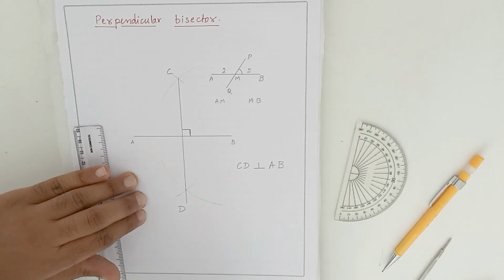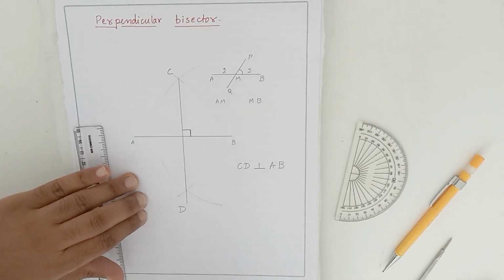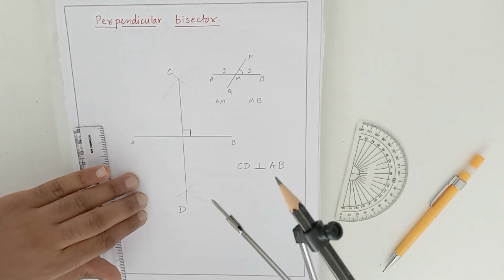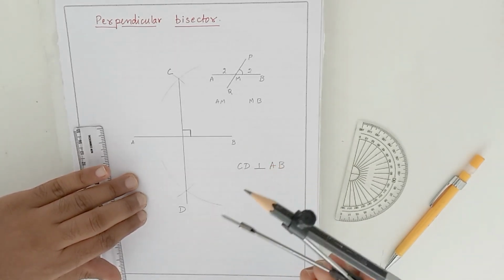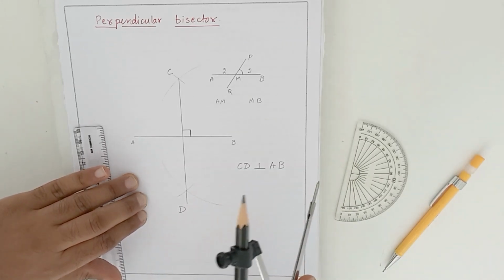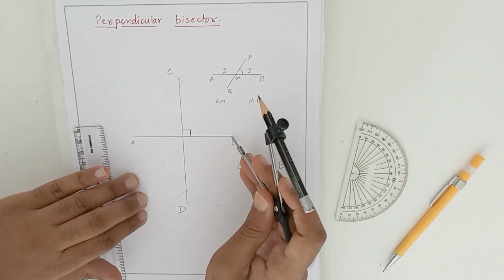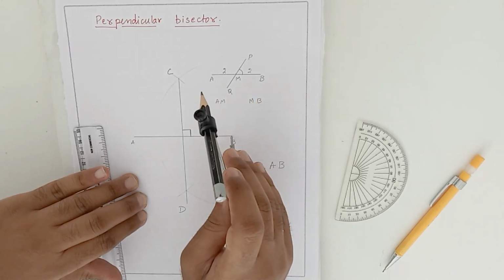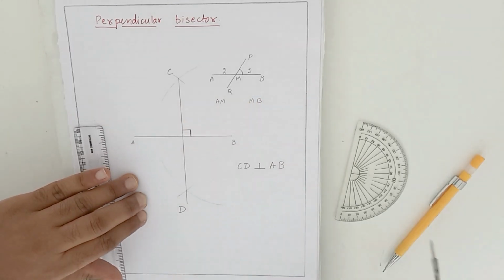When we ask these questions, it's called constructions, and we want to know how well you are able to use a compass. We are testing your motor skills, how well you handle your geometrical equipment, and whether you can draw 90 degrees without using a protractor. So therefore you need to learn this.